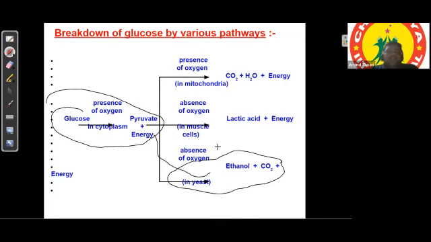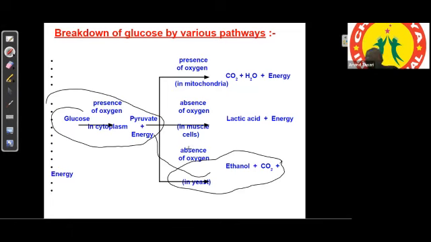As you know, ethanol is a constituent of alcohol. Whatever alcohols are there, they contain ethanol. So what happens in the yeast cells?